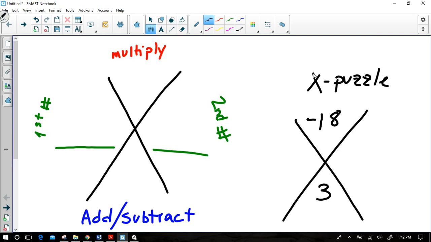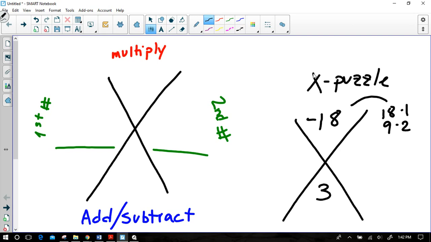So some of you want to start out with listing the factors. You can do that physically on a sheet of paper, or you can just do it in your head. Okay, so 18 times 1 cannot add or subtract to give you 3. What about 2 times 9? 9 plus 2 is 11. 9 minus 2 is 7.